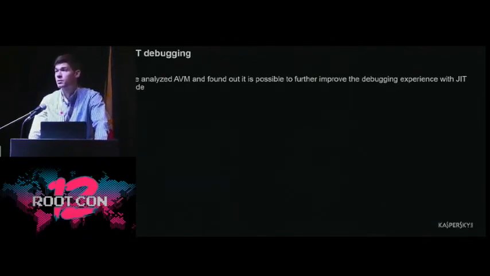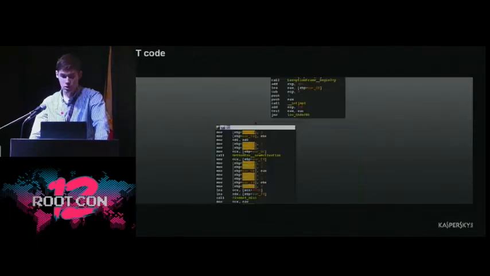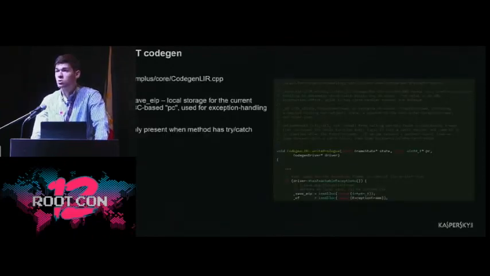debugging just-in-time compiled code. While I was debugging just-in-time compiled code, I paid attention to some sequence of instructions that were setting some incremental value. So I raised the question, what is it? And the answer was found in the code responsible for generation of just-in-time compiled code.